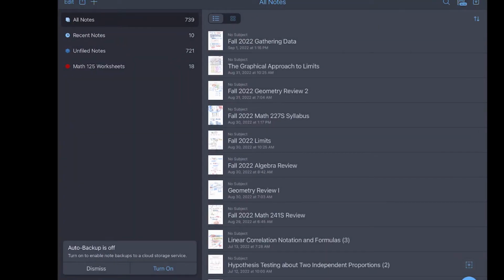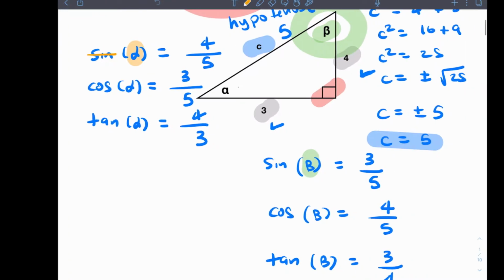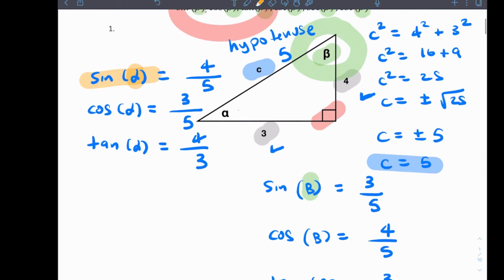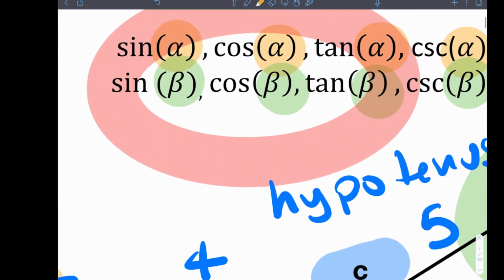I remember as a student myself going, man, how do I remember the reciprocal of sine? I know I could flip over a fraction, but what's the word that I use? You guys know what I used to do? This is how I memorized it.